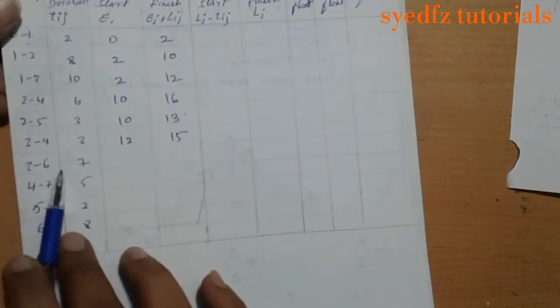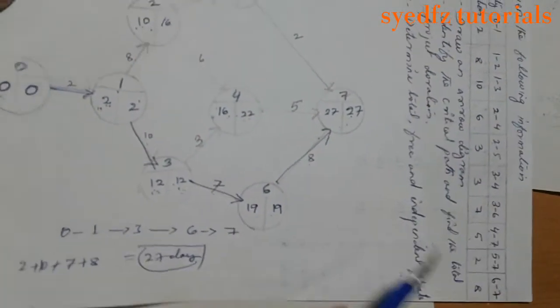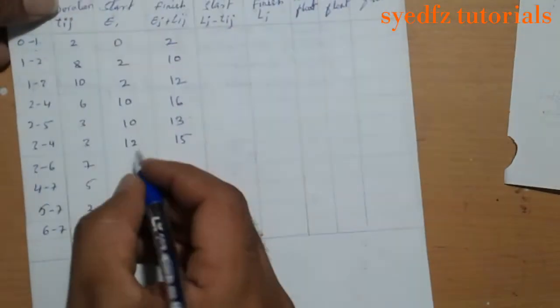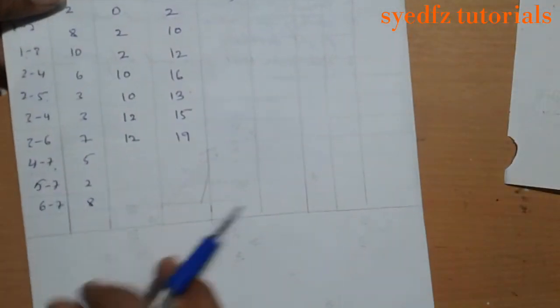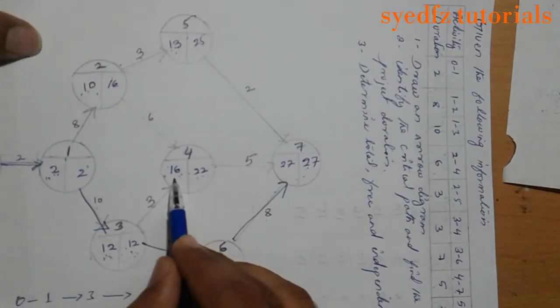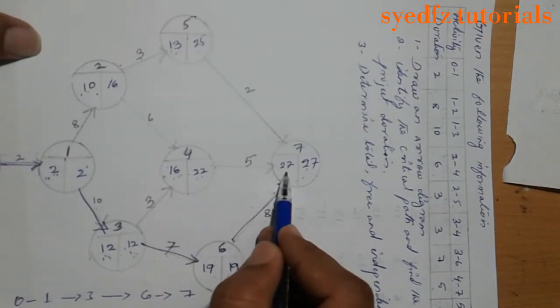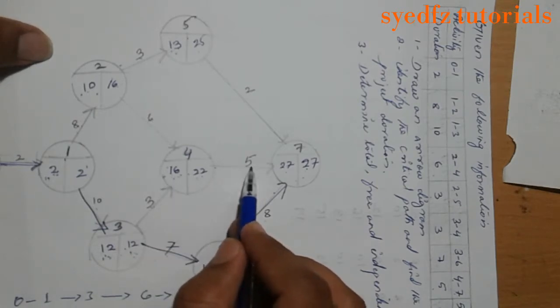Now 3 to 6, start on 12, finish on 19. 4 to 7, start on 16, but adding 5 it will be 21.